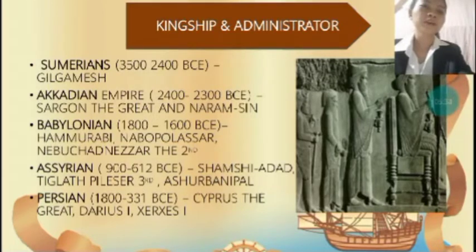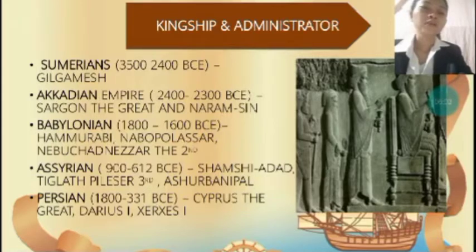Kingship and administration in ancient civilization. Sumerian, from 3500 to 2400 BCE, led by Gilgamesh. Next is the Akkadian Empire, from 2400 to 2300 BCE, led by Sargon the Great and Naram-Sin.